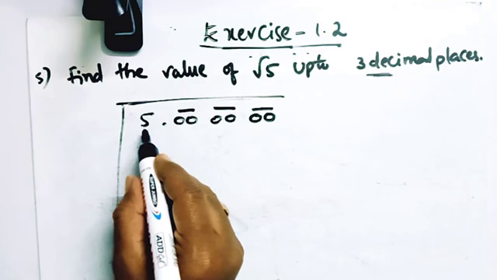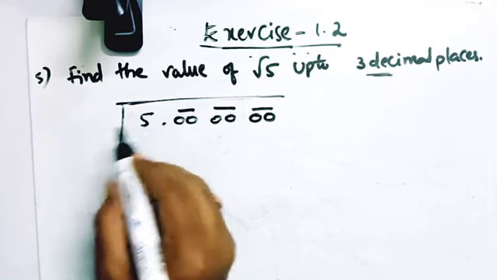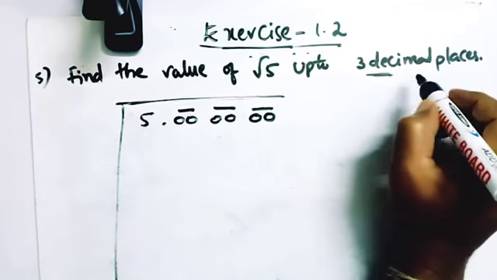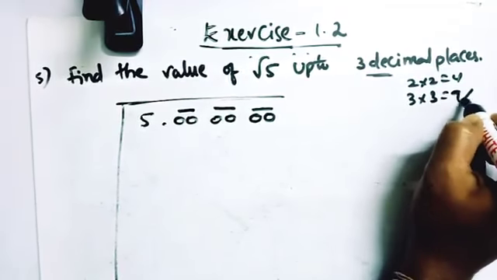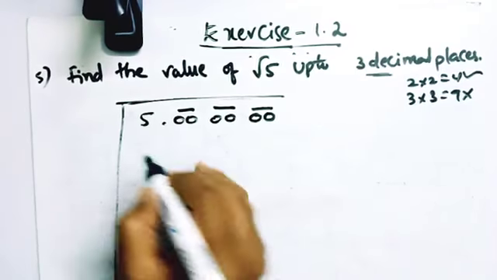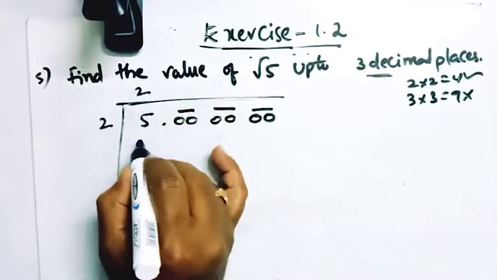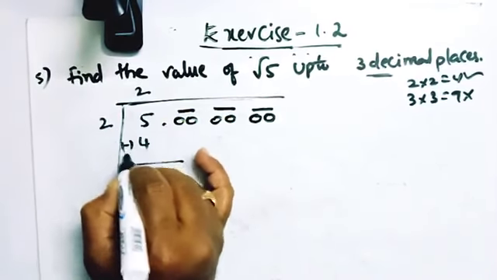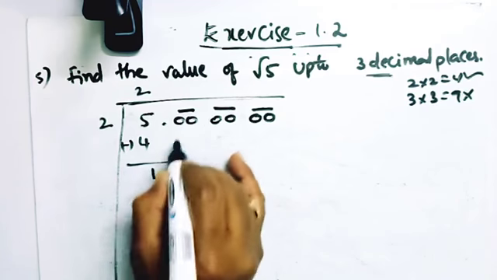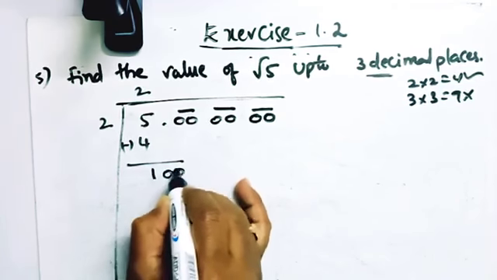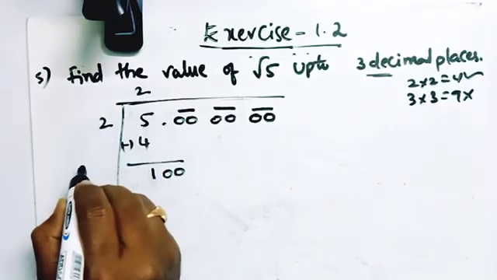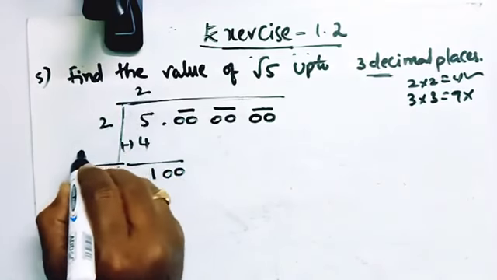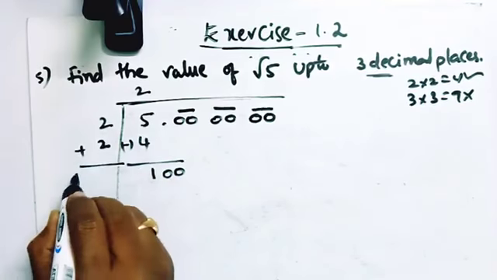First of all we need to choose the perfect square equal to or less than 5. 2 2s are 4, then 3 3s are 9. 9 we can't take, so you should take 2 2s are 4. Then subtract 5 minus 4, you will get 1. Then next you bring down this pair of zeros, that will become 100. Now, to get the next divisor we need to add double the quotient, that is 2 plus 2, 4.